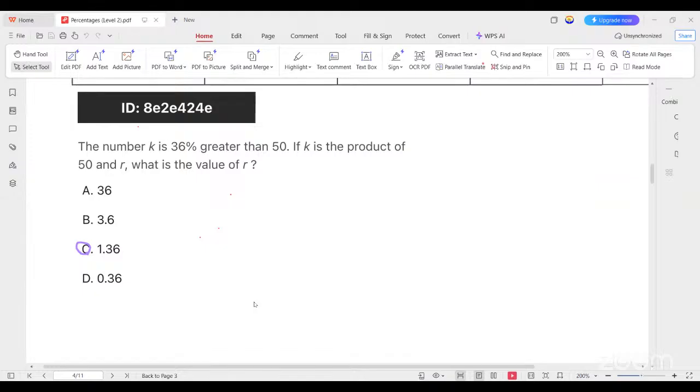We have to find the value of k. Can you do it on the screen? How did we get the value of k? Is C wrong or is it right? That is correct.